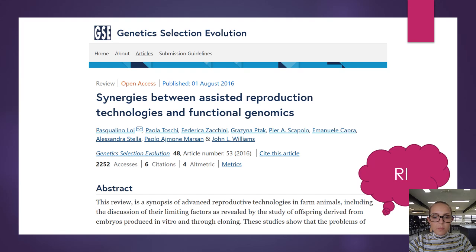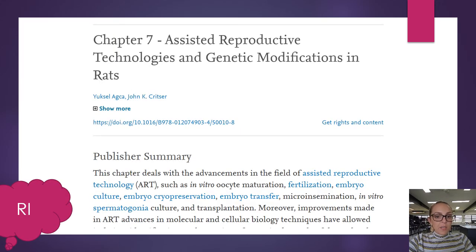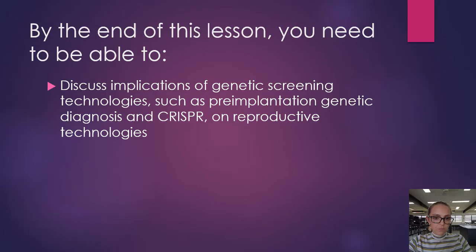Okay, another one from a more genetics perspective, looking at assisted reproductive technology and functional genomics. So this was a study looking at farm animals and embryos that have been produced through IVF and cloning. So you can have a look at some of that sort of stuff. This one here was looking at assisted reproductive technology with genetic modification, which is that last claim. So lots of things here that you can relate back to reproductive technologies.